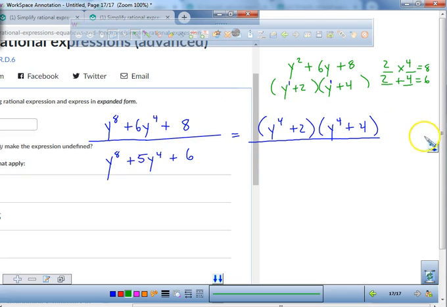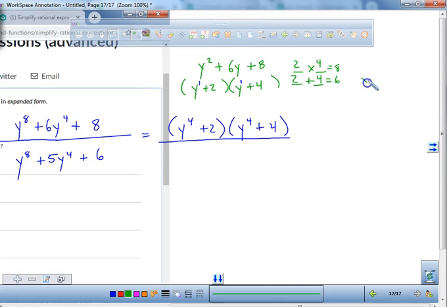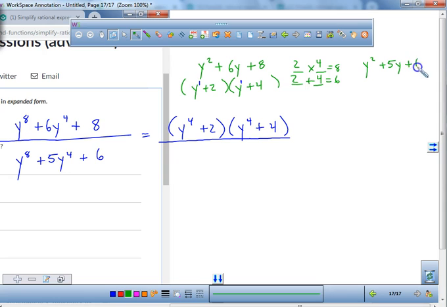How about this? What if I said you had y squared plus 5y plus 6. What would that factor to?